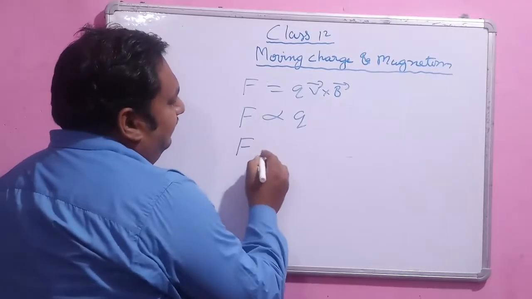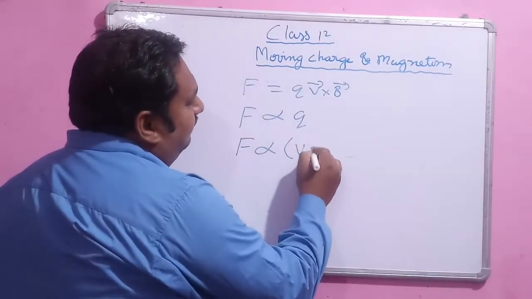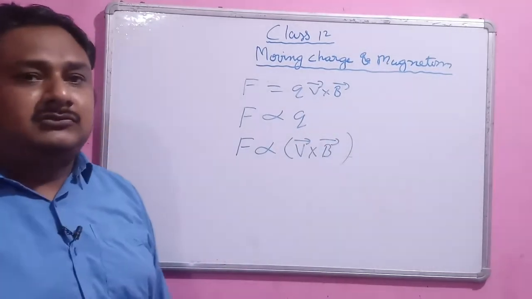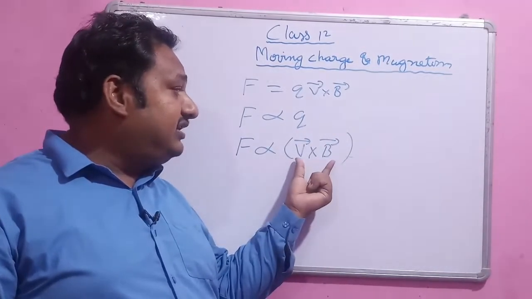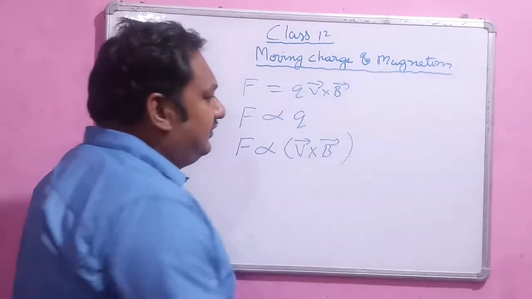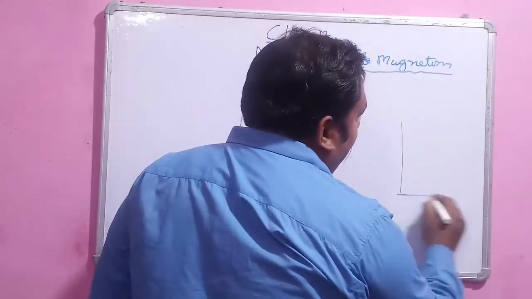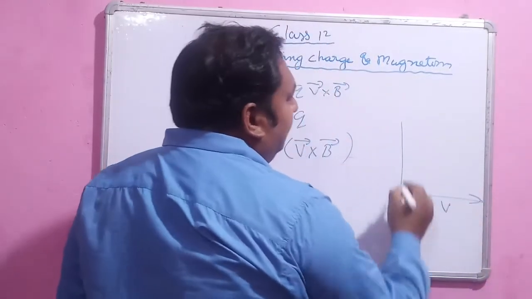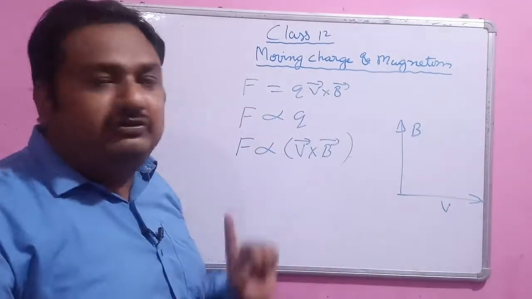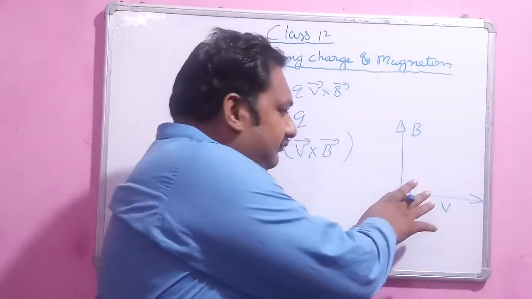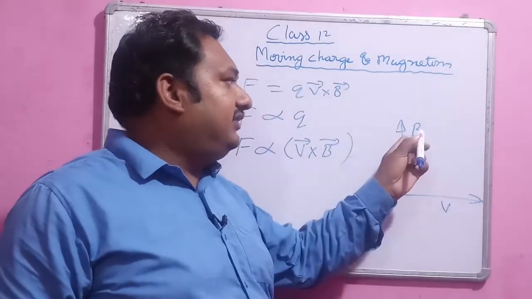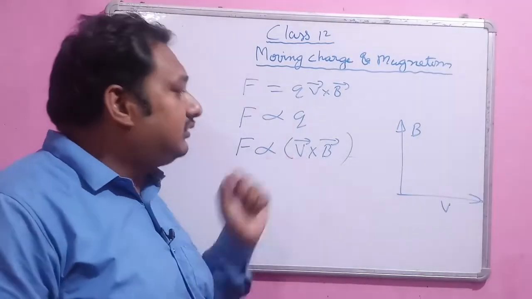The magnetic force depends on the cross product of velocity and B. If the velocity is in one direction, the magnetic field should be perpendicular to it, and the direction of the force will be perpendicular to both velocity and field. That is the meaning of this cross product.